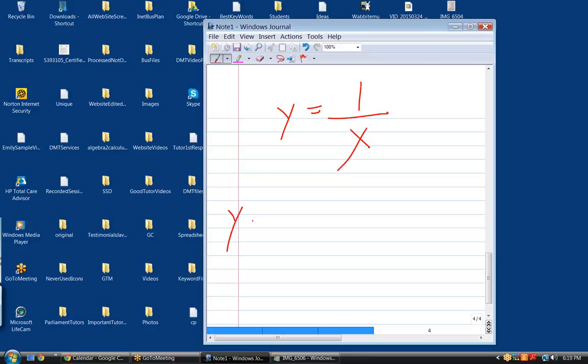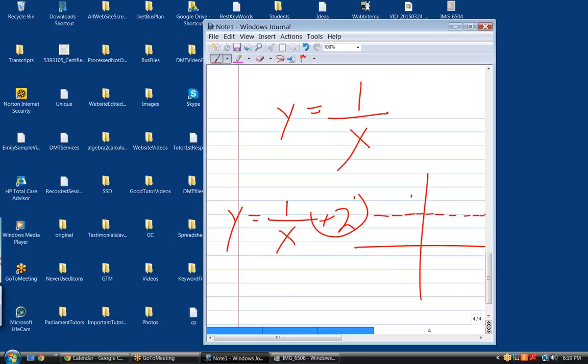If I said Y equals, let's take the most simple case. Well, that's my same graph, only everything has been moved up by 2. So now, instead of a horizontal asymptote at Y equals 0, I have the horizontal asymptote at Y equals 2.